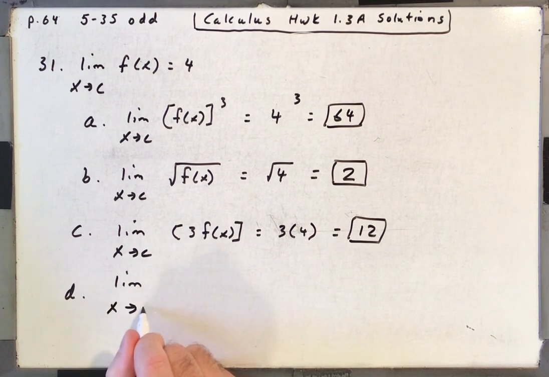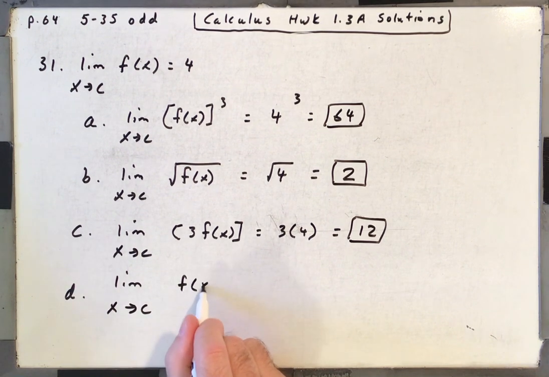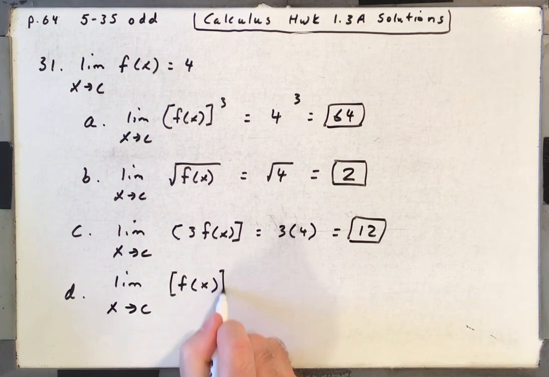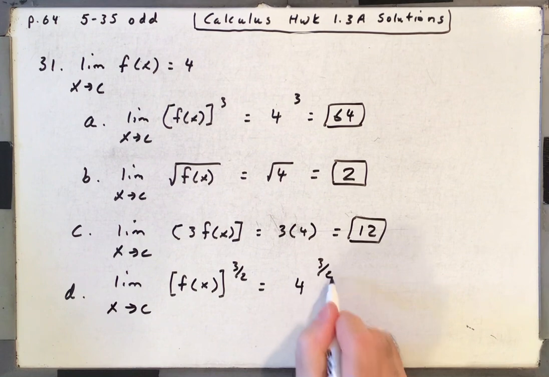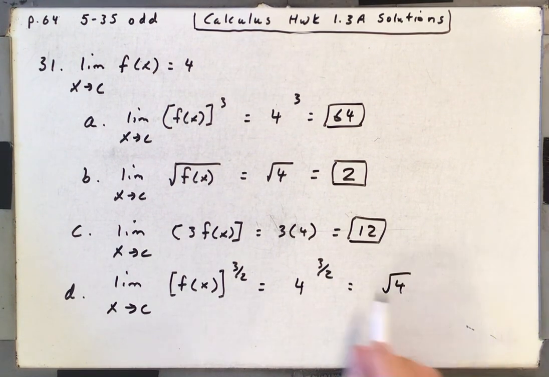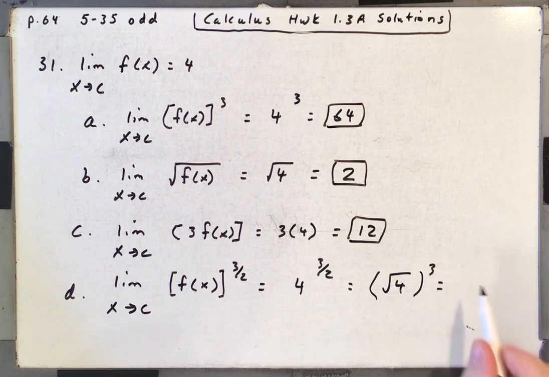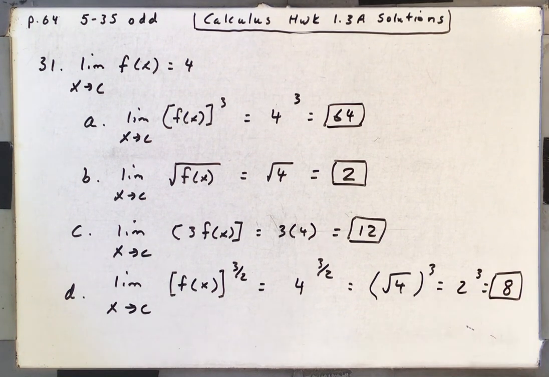Finally, the limit as x approaches c of f of x to the 3/2. It's going to be 4 to the 3/2. So that's like taking the square root of 4 and then cubing the whole thing. So that's 2 cubed, which is 8. Right, so 64, 2, 12, and 8 for number 31.